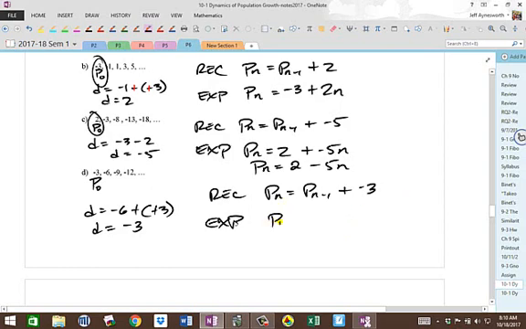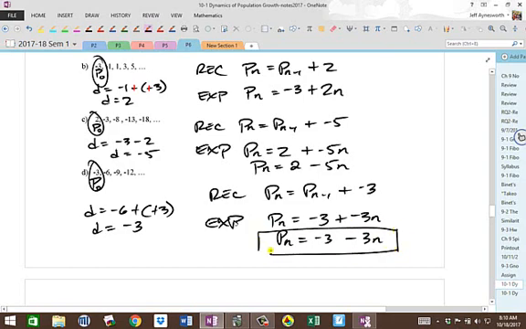And the explicit function, you start with a seed of negative 3, plus d times n, so plus negative 3 times n. Or you can simplify it: p sub n is equal to negative 3 minus 3n, which is the same thing. Most people write it this way when the common difference is negative.